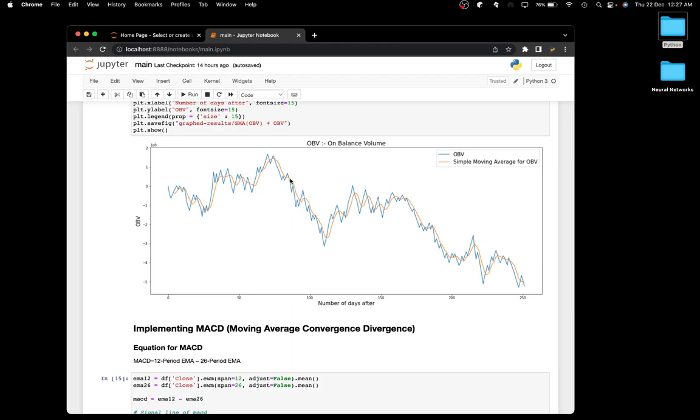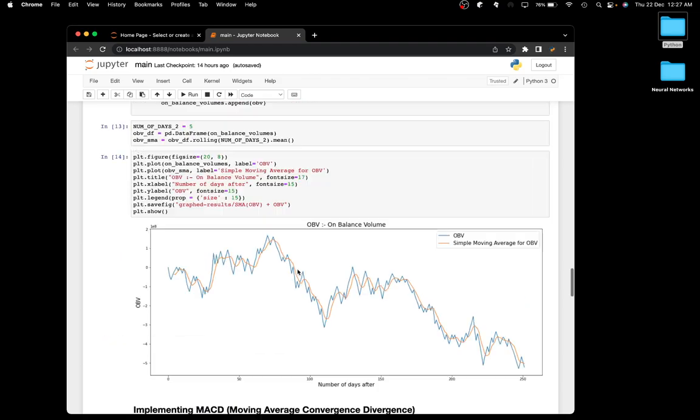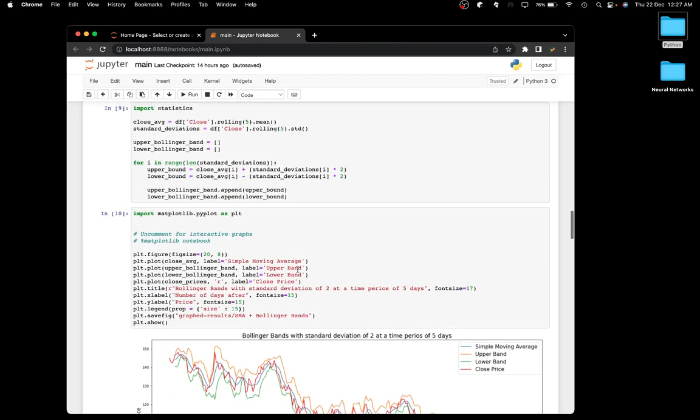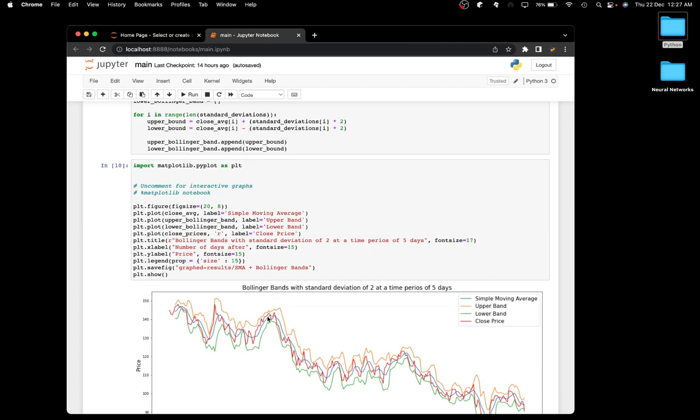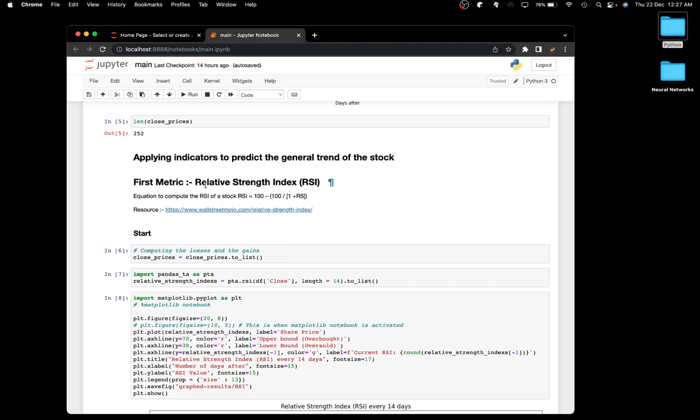If you follow what I just told, and if you look at the interpretations that I was using, you can really see that everything was correct. Whenever we're looking at a great growth in the simple moving average, we are looking at a pretty major increase in the stock price. So I really think that these indicators are pretty cool and pretty useful.